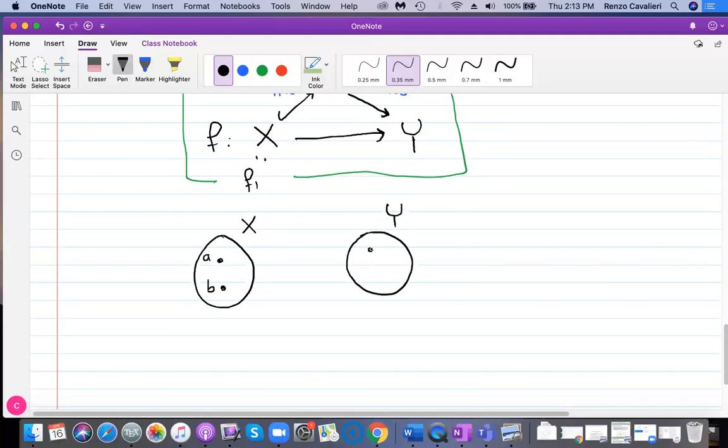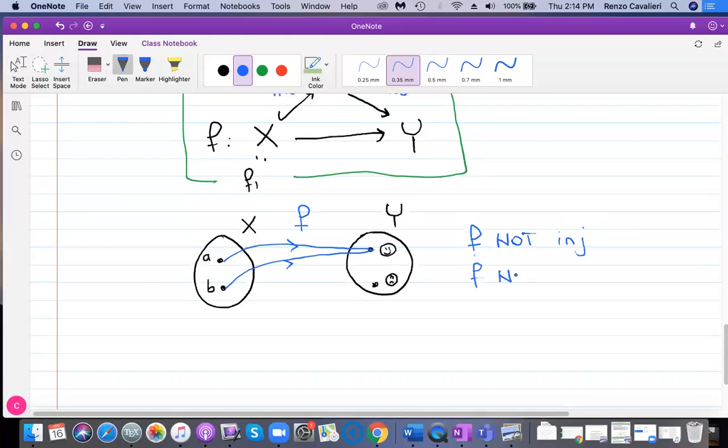Y also has two elements, smiley and frowny. And because I'm feeling optimistic today, the function f will send both a and b to smiley. So f is not injective and f is not surjective.